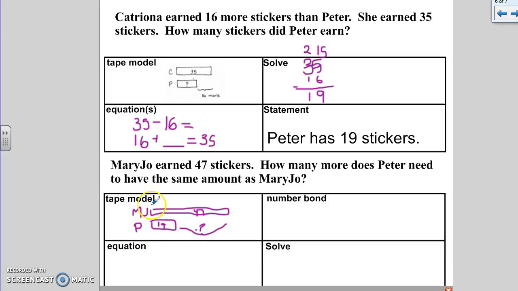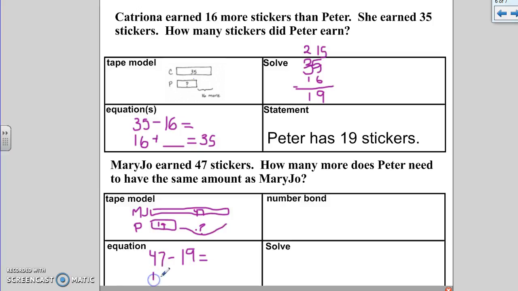There's the two equations, just like the first one, that you can solve. Since we know the whole, we can start with that whole, and we can subtract the part that we know, which is the 19 stickers that Peter has. That's going to give us how many more he needs to have the same amount as Mary Jo.